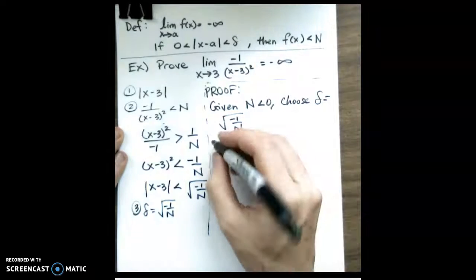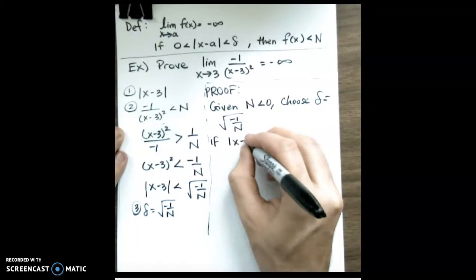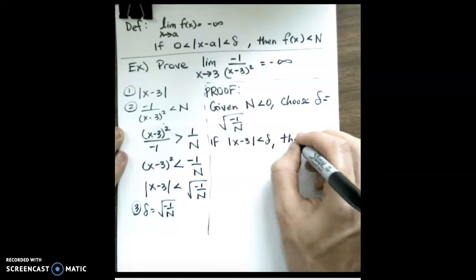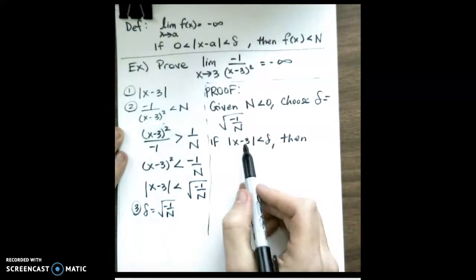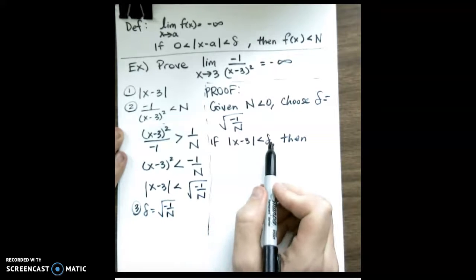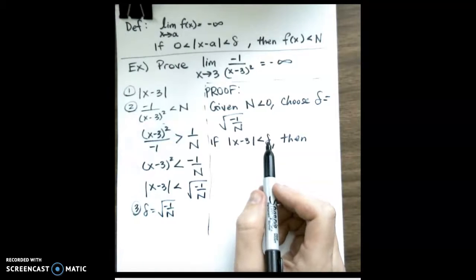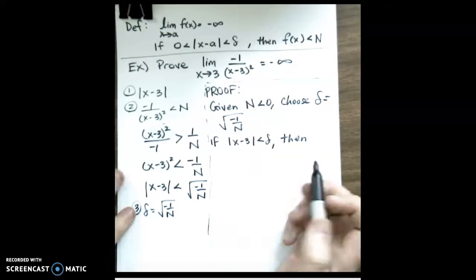If the absolute value of x minus 3 is less than delta, then we could take the reciprocal of that.